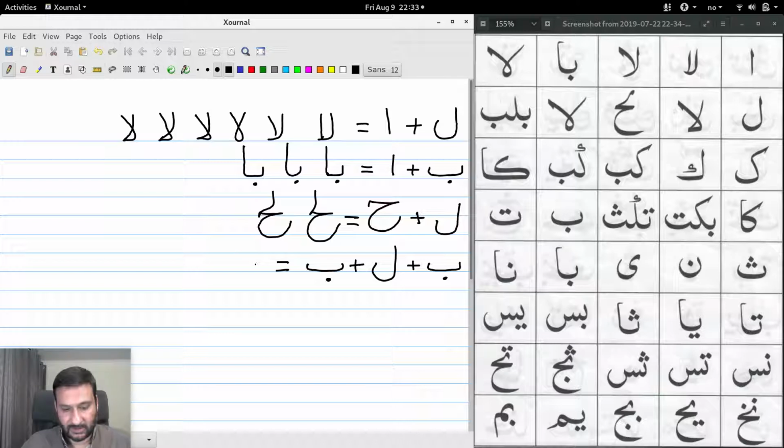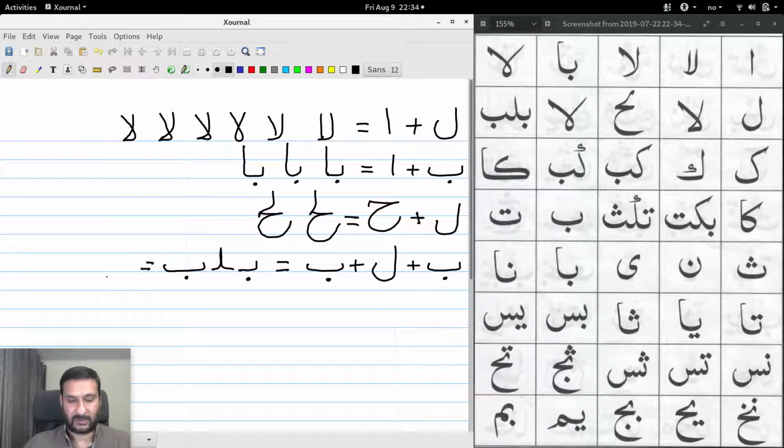So in the beginning, ba would be like this, and lam would normally connect to any word like so. And then the ba at the end would look like so. So you see, ba, lam, ba.